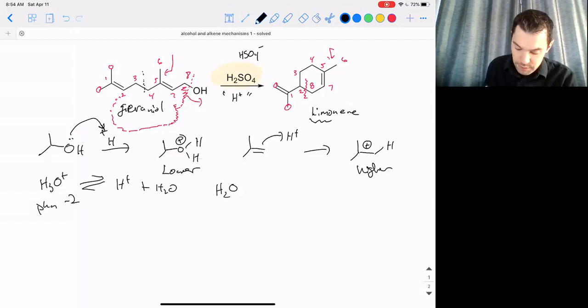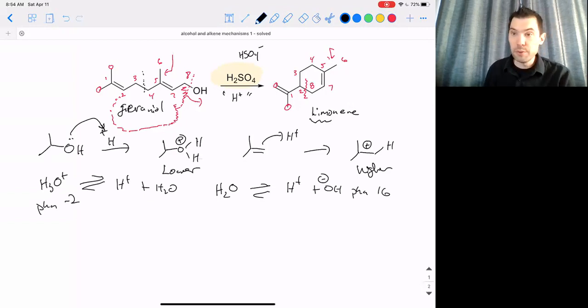And I'll remind you that that's a slightly different equilibrium. -2 is a reasonable pKa. All of our strong acids like HCl or sulfuric acid have lower pKas than that, so they'll for sure protonate water and make H3O+. And so hopefully that's something that we're definitely familiar with.